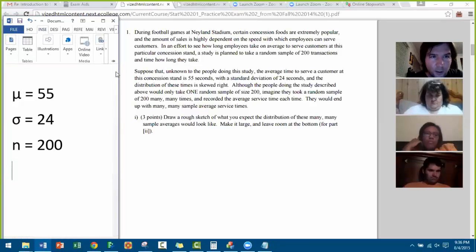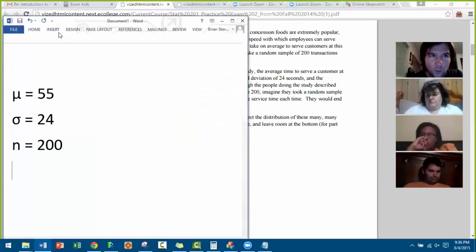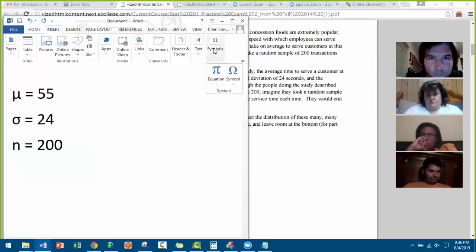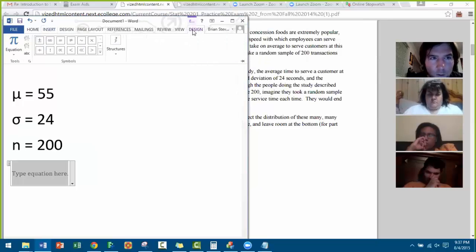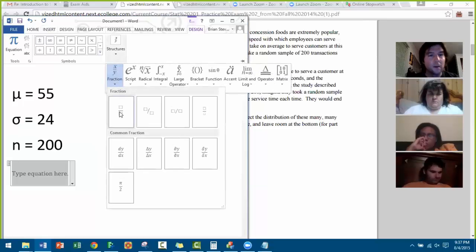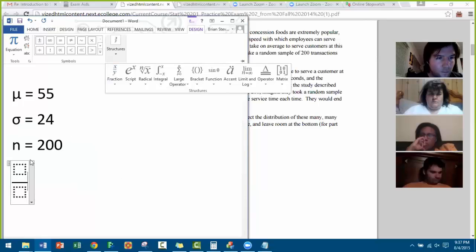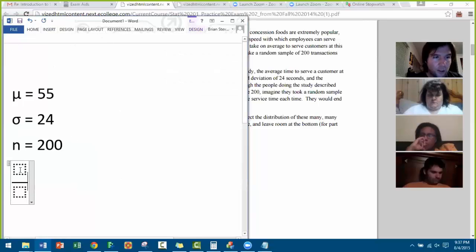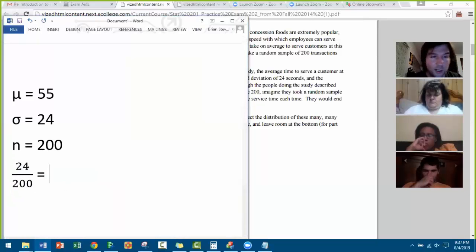To get the standard error for this, we need to do sigma over n. So 24 divided by 200 equals the new standard error.